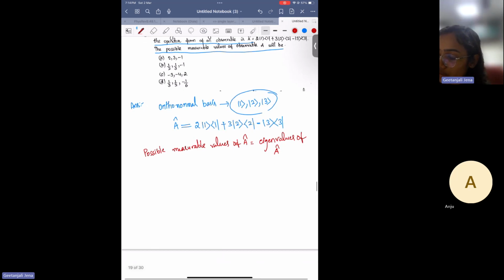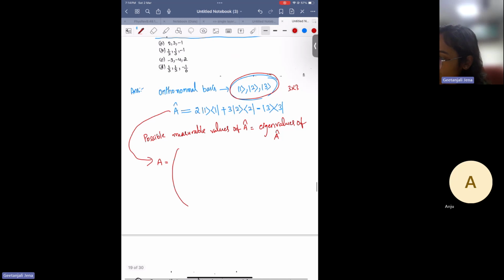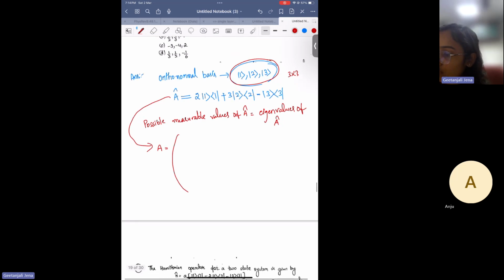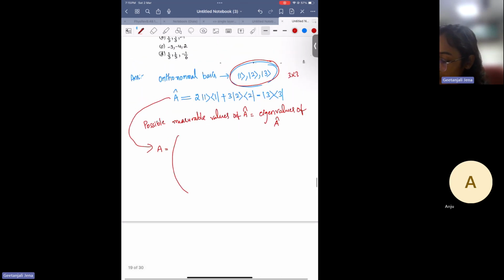For that, you have to express this operator in terms of a matrix, right? There are three orthonormal bases, so you will get a 3 by 3 matrix. So I will write out the matrix form. If you have orthonormal bases |1>, |2>, and |3>, how can you find the matrix elements?